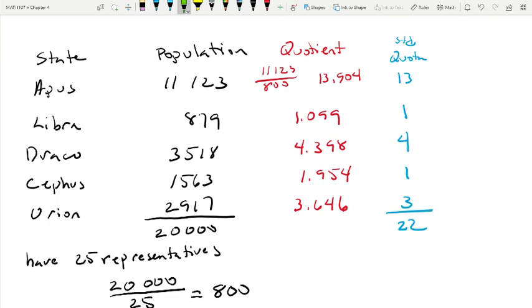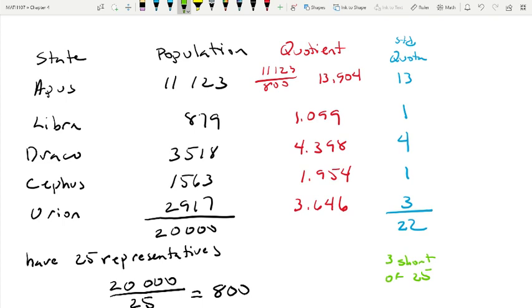And if we look at this number, we are 3 short of the 25. So we have 3 more representatives, and we have to figure out who gets them. The way you decide who gets the extra ones is by looking at the decimal part of our numbers.